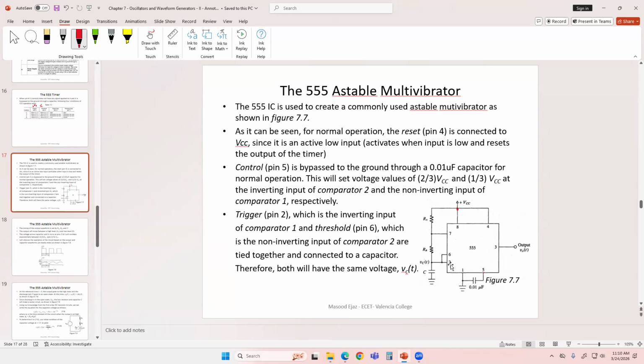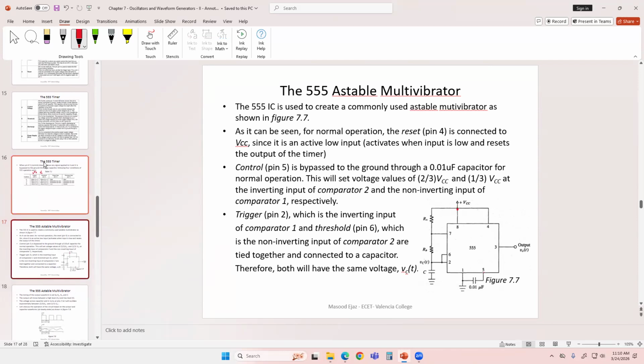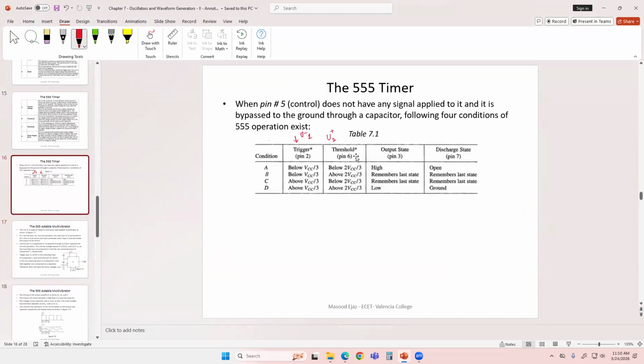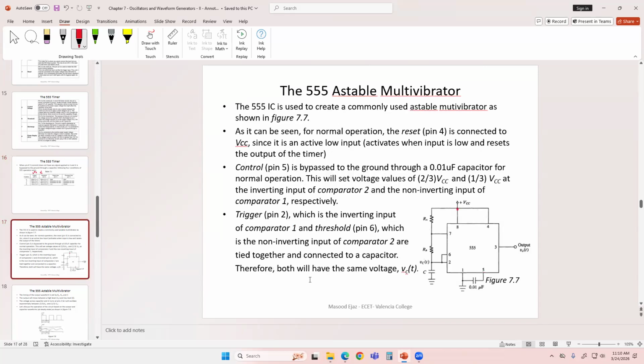Pin number 2 is trigger right here, and pin number 2 and pin number 6 are shorted out, as you can see in this circuit. So remember, all the operation is happening when the conditions are changing in pin number 2 and pin number 6. Those two we are going to tie up in the circuit and then connect them to a capacitor which is grounded on the other side.